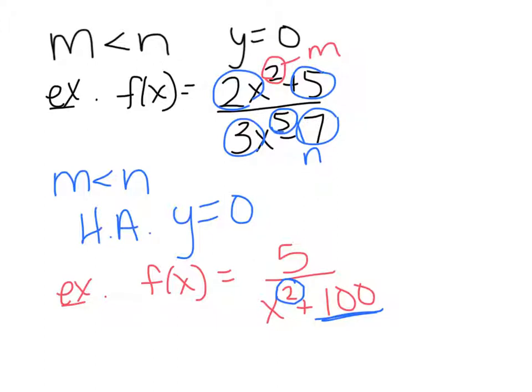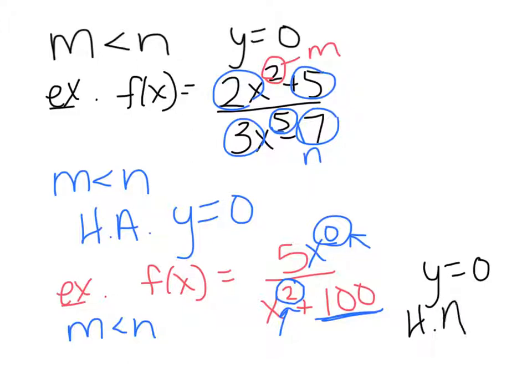In our numerator, we don't have a degree, so that is x to the 0 power. Since 2 is bigger than 0, your m is less than n, so y would be equal to 0, which is the horizontal asymptote. You're only focusing on those degrees. That is for the first scenario.